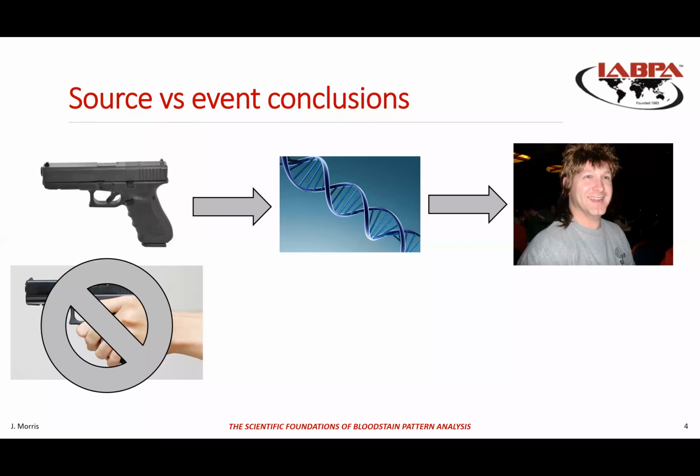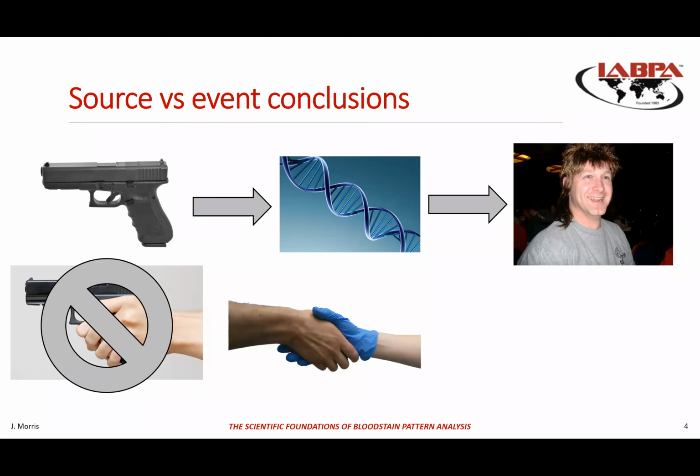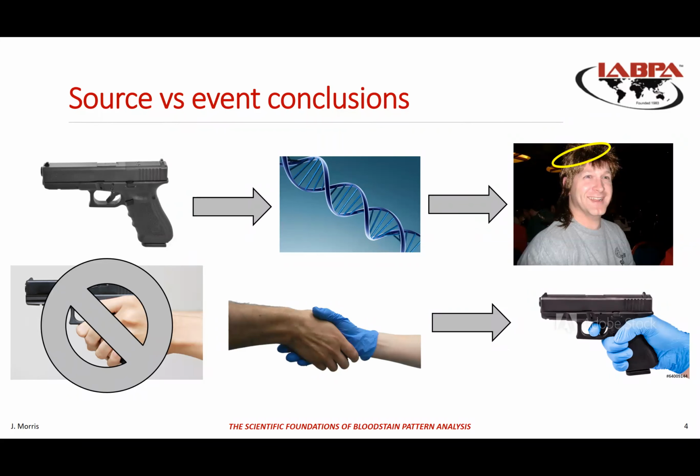My client remembers shaking hands with someone who was wearing a pair of gloves. And we know that handshaking transfers DNA onto a surface. So my client's DNA was transferred onto that glove, and then that person, still wearing the glove, is the one who pulled the trigger, because my client is really a saint and would never commit this kind of crime. So this here is a source conclusion.